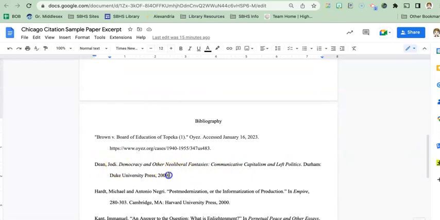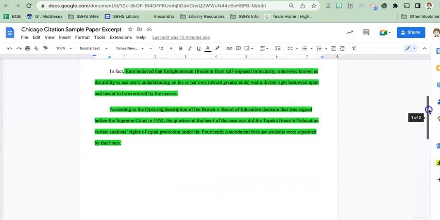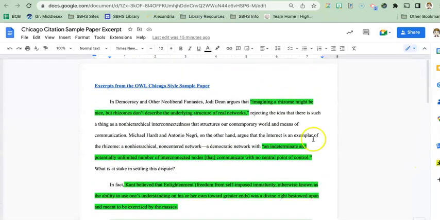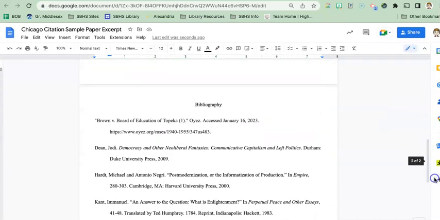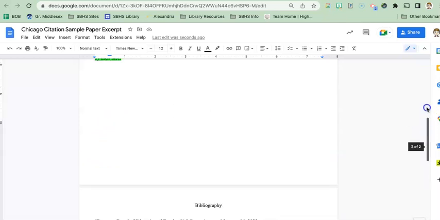Now here's what you should know about a bibliography and endnotes in a Chicago-style paper. If I were creating an in-text for this, and I was doing it in MLA format, after that quote, I may put the author's name, because remember, in an MLA paper, I always use the first word or words. Usually that is the author's name or the first part of the title. That's what you're used to.